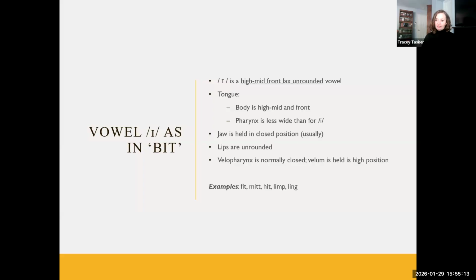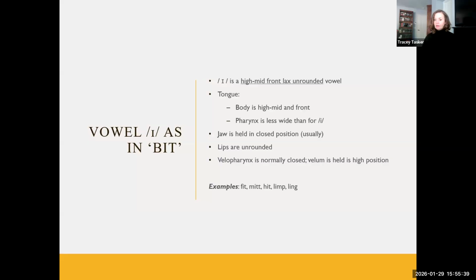The next front vowel we're going to talk about is I. So this is also high. The tongue is high in the mouth, but it's considered a mid front vowel. Now this is a lax vowel. You could feel the tension of E, but with I, as you can see, there's not the same tension in my mouth, right?